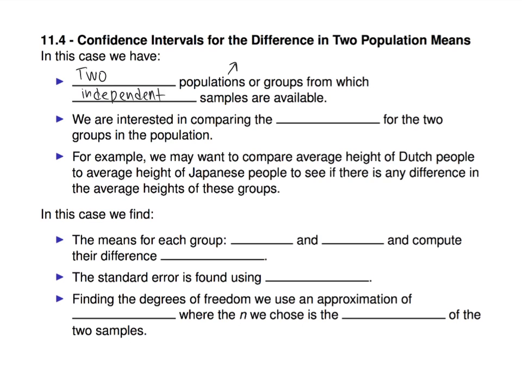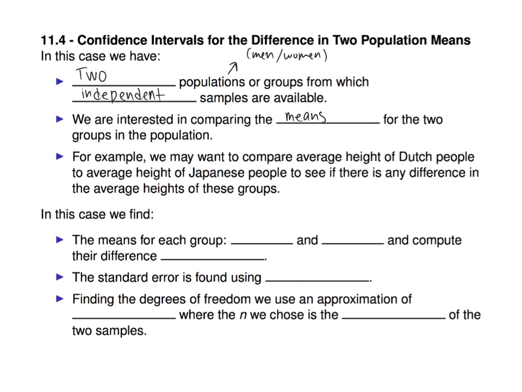For your two populations, think like men, women, something like that. We're interested in comparing the means of the two groups of the population.